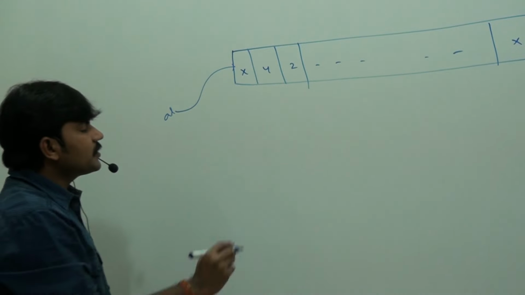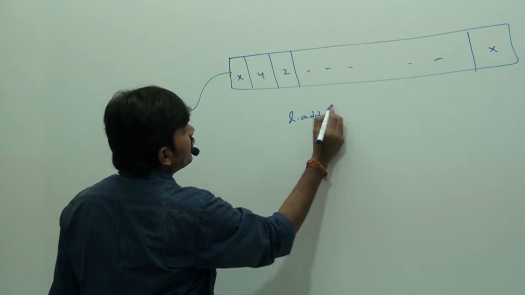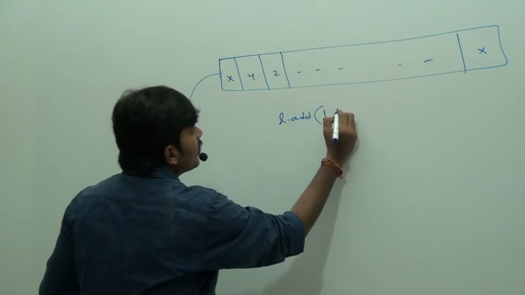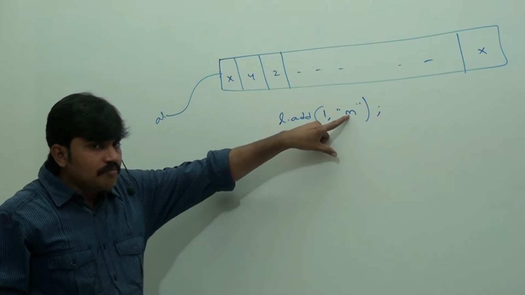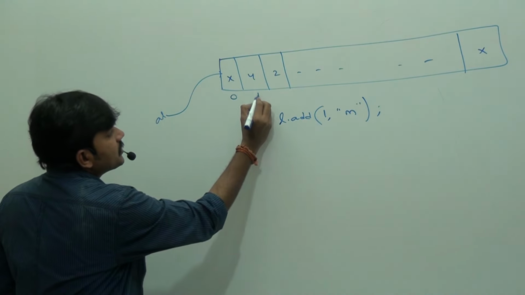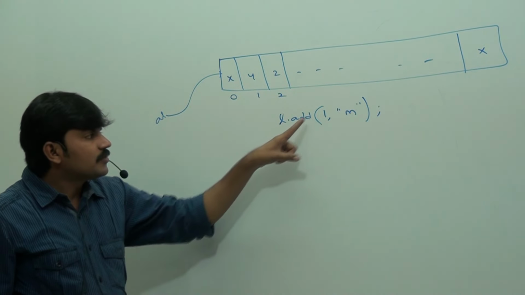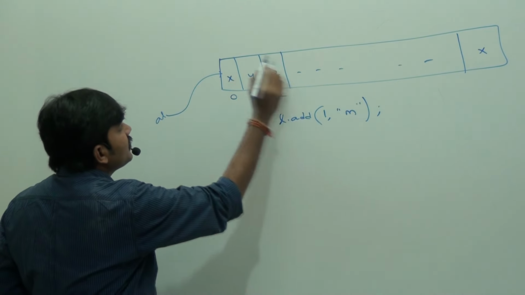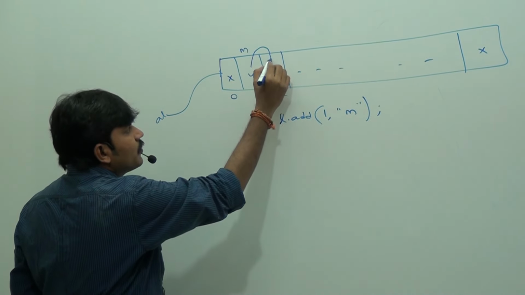Now my target is to add an element at index 1. Add m at index 1. But at index 1, y is already there. Now I want to add m, it is not a replacement. So to place m here, compulsorily y should be shifted to the next place.